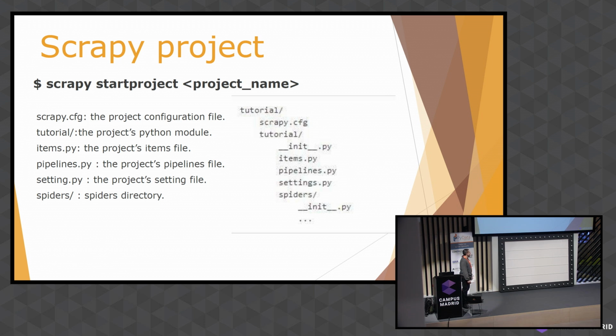Pipelines are classes for processing data in parallel while the spider is recovering all the information. The settings file is for special configuration like proxies or so on, and the main folder is the spiders directory, where we put our spider.